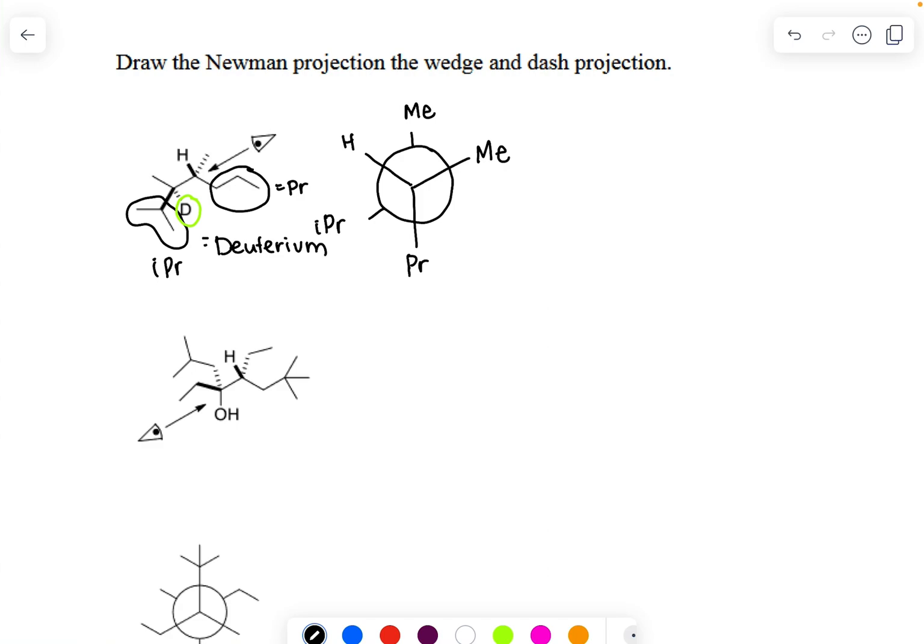So this is a hydrogen atom with 1 neutron. The most common isotope of hydrogen has 0 neutrons. That's why we usually call it just a proton. But deuterium has 1 neutron. So that is a deuterium, and that is going to be in the same plane as my methyl. So that is how I would draw that. Again, you can rotate your molecule. So let me rotate the back to get the propyls and the isopropyls to be anti to one another, and then we can redraw it.